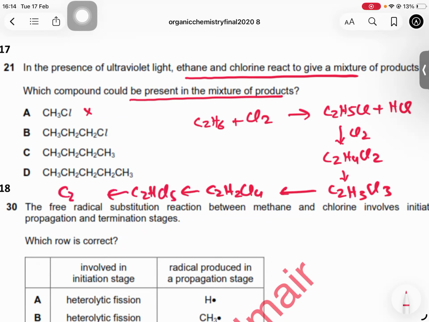What is the final product? C2Cl6. So it's none of them.